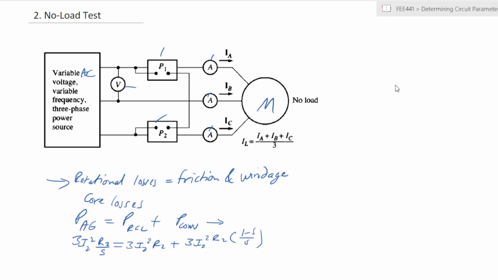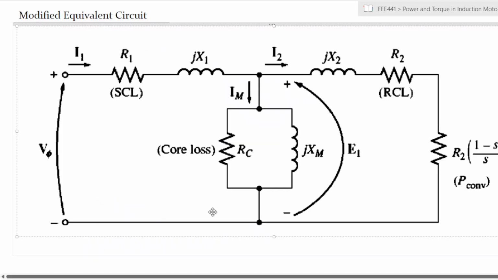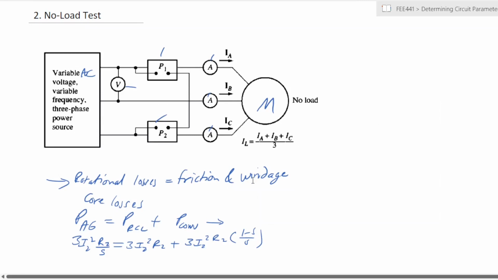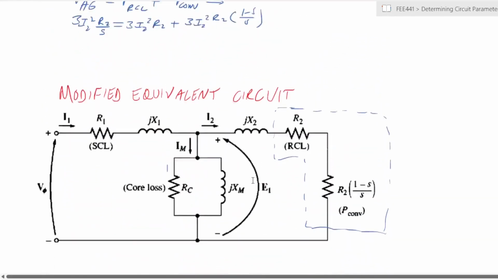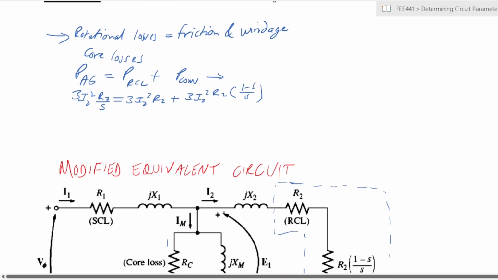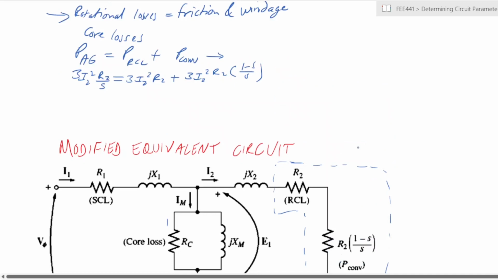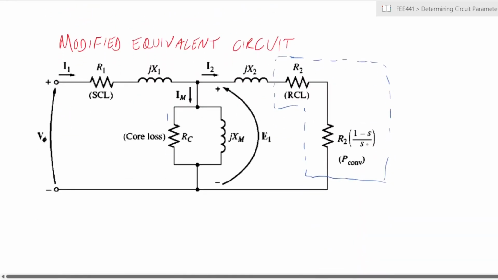If you recall, we showed this split into rotor copper losses and converted power, and that gives us our modified electric circuit. From the air gap, you split it into two, and you now have R2 and this resistance here. What we want to determine by splitting them like that is the relationship among all of these.